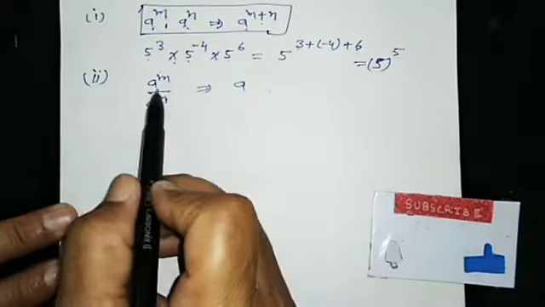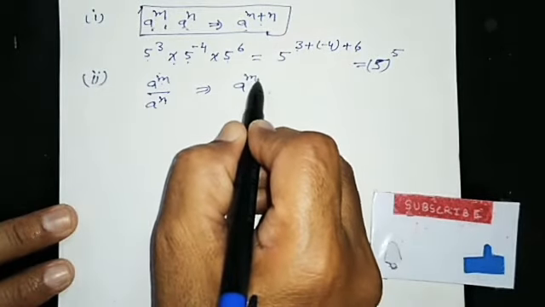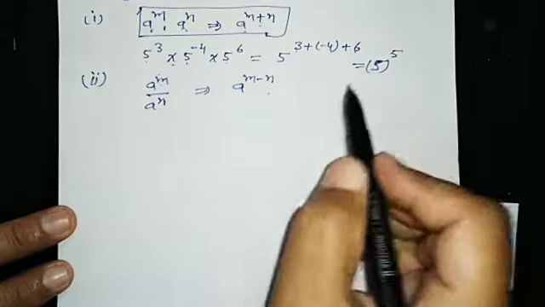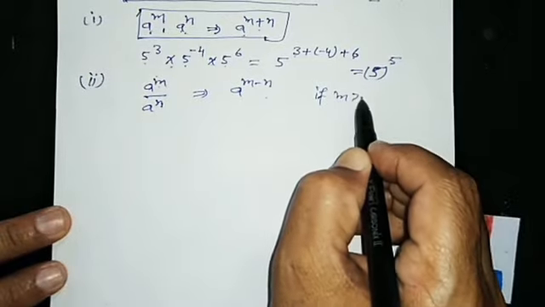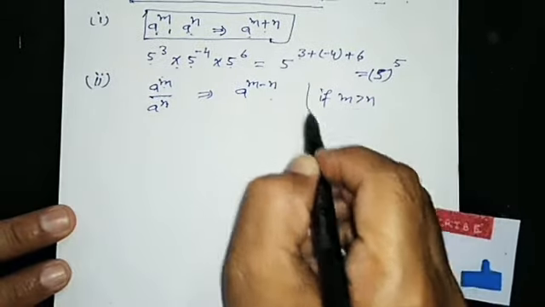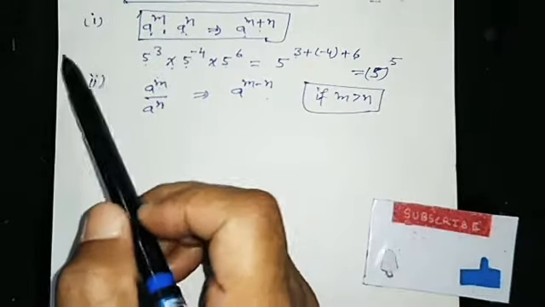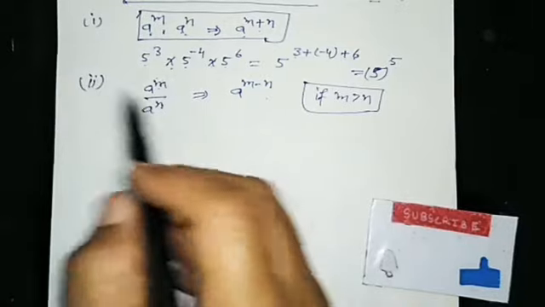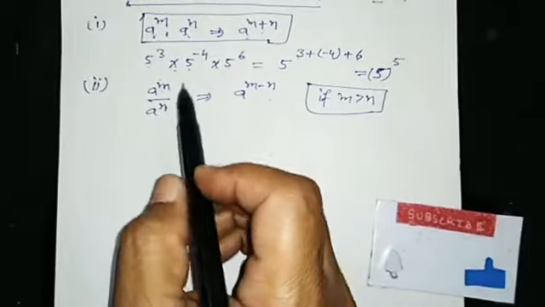When we divide these two types of numbers, the powers subtract from each other, that is m minus n. Here we can take this condition. Why this condition? Because today we are not going to discuss the whole thing. We are just going to discuss what is in the scope of this book.